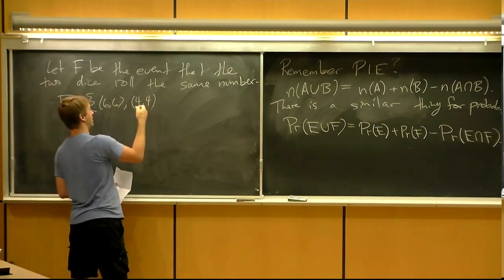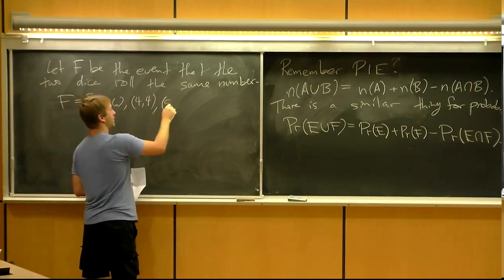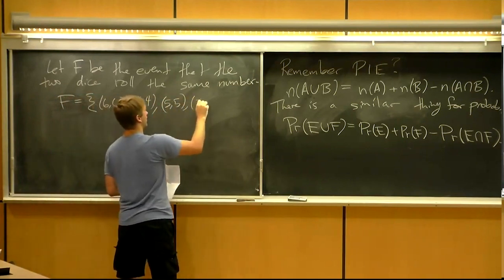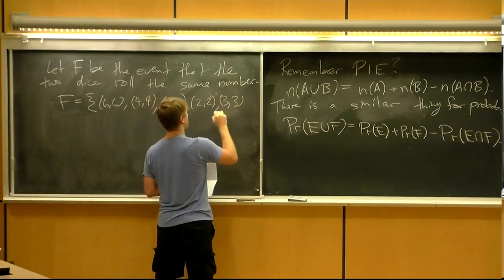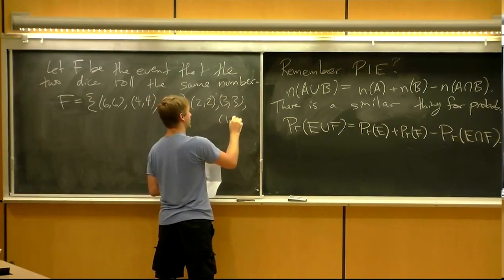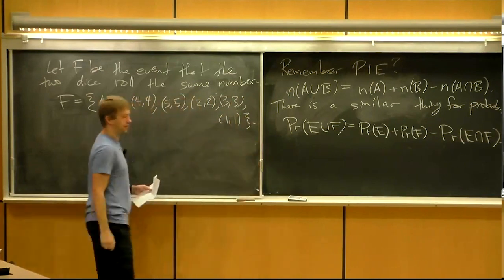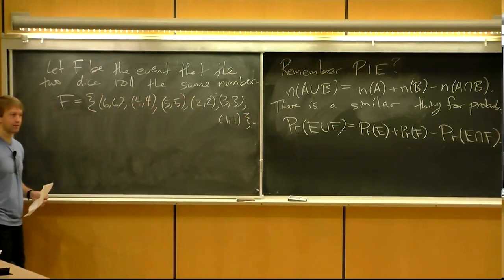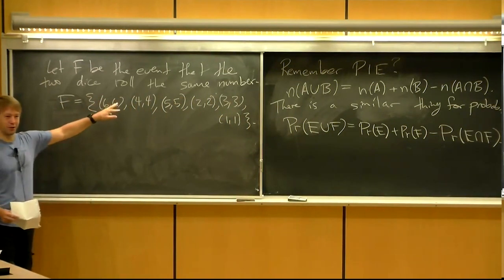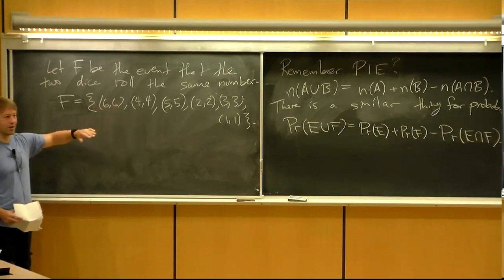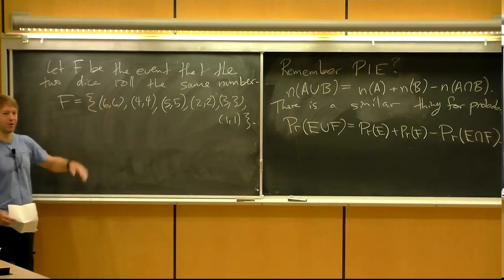I'll do it in a wacky order. So it's just all the ways that you could have the same number on both the dice. If you're confused by why I've listed it in this way, there's no good reason. I just wrote them in a weird order.